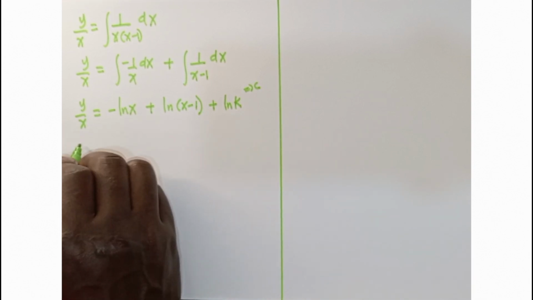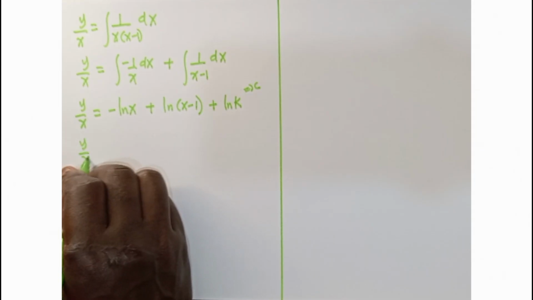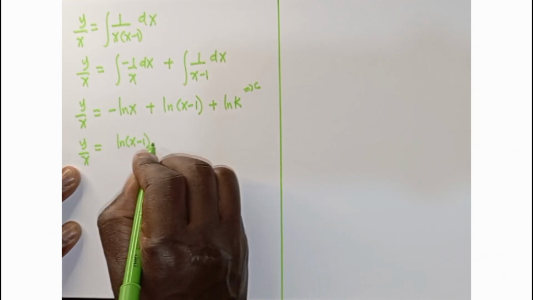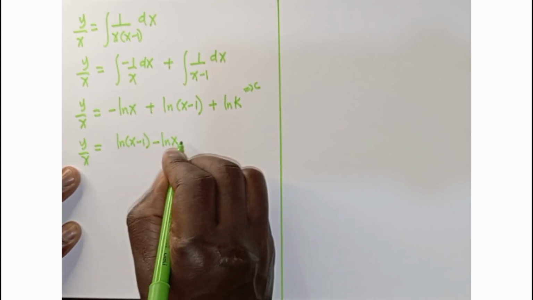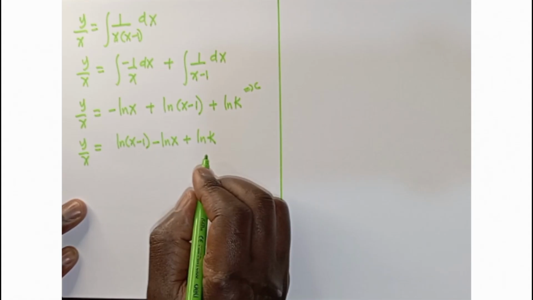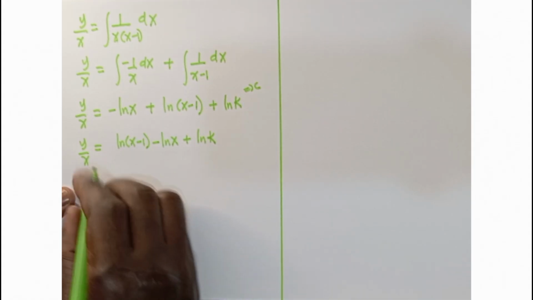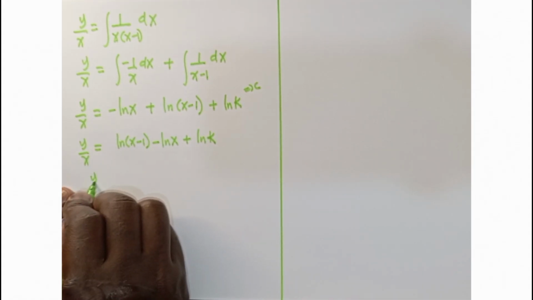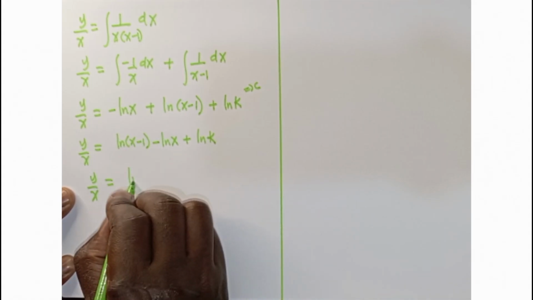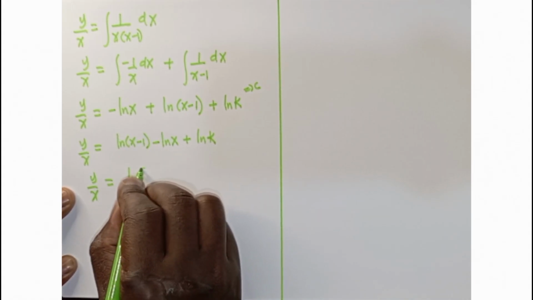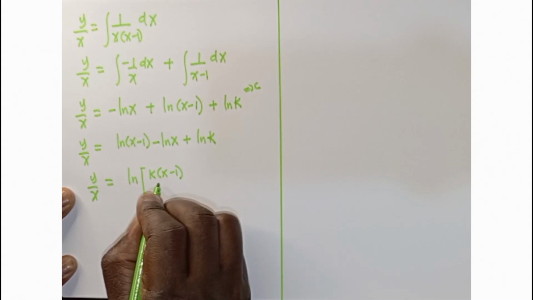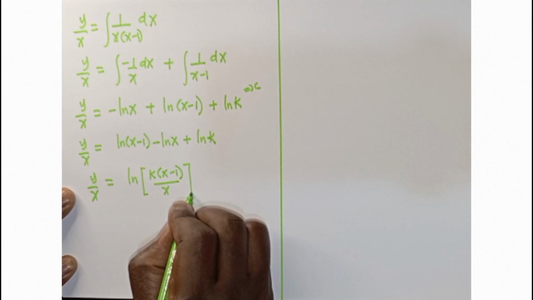Doing some simple rearrangement, y out of x is equal to minus ln of x plus ln of k. Ln obeys laws of logarithms, so we can finally have y out of x equal to ln of k into x minus 1 out of x.